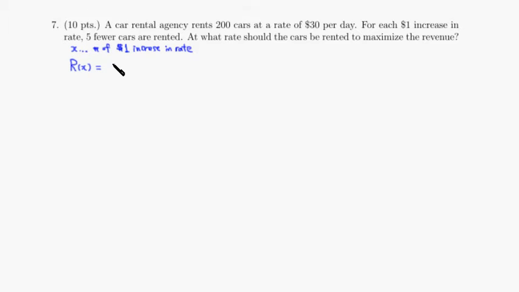So we start with $30, that's the base price. Then let's say we increase by X dollars, so this is our rate.